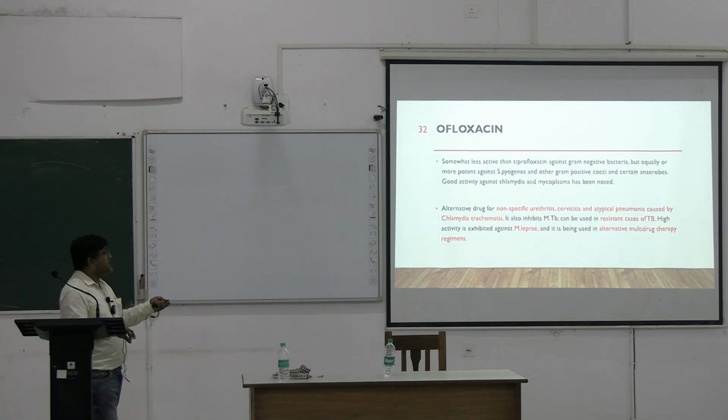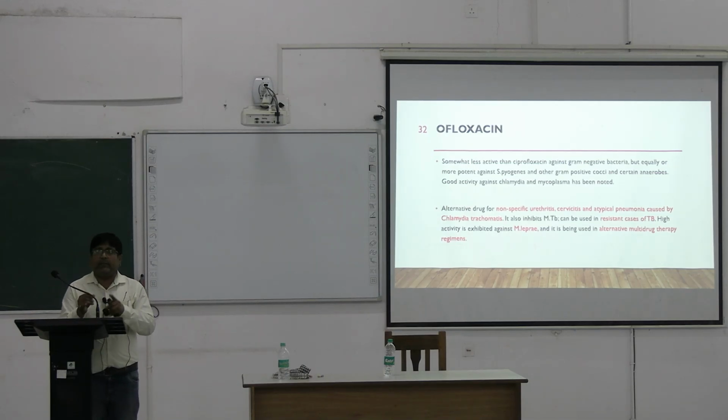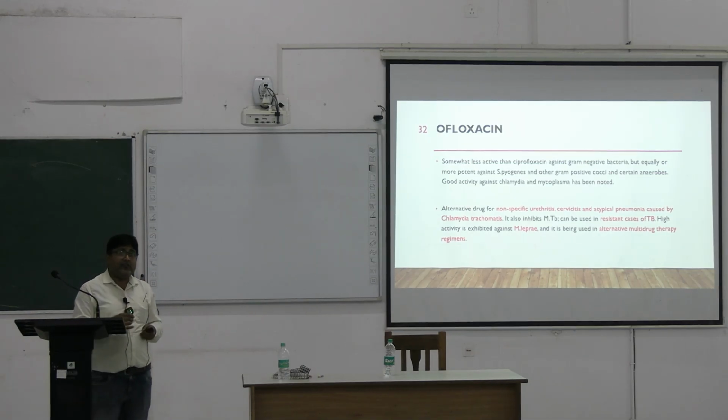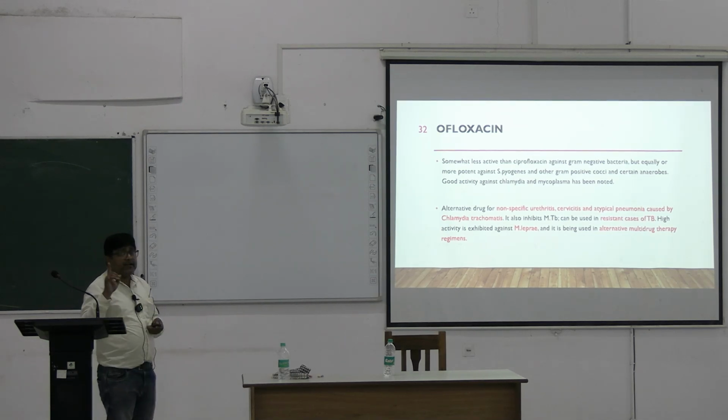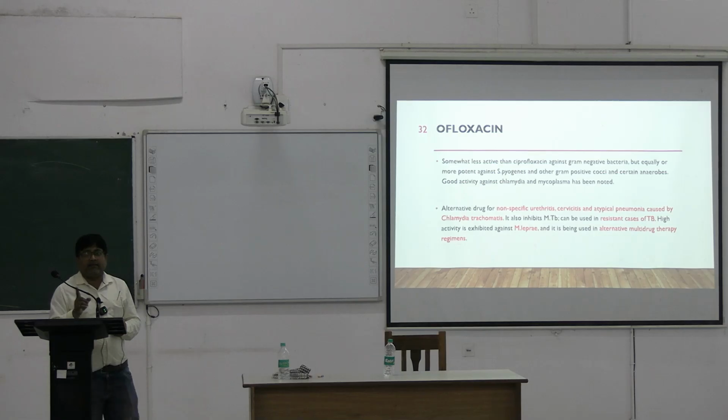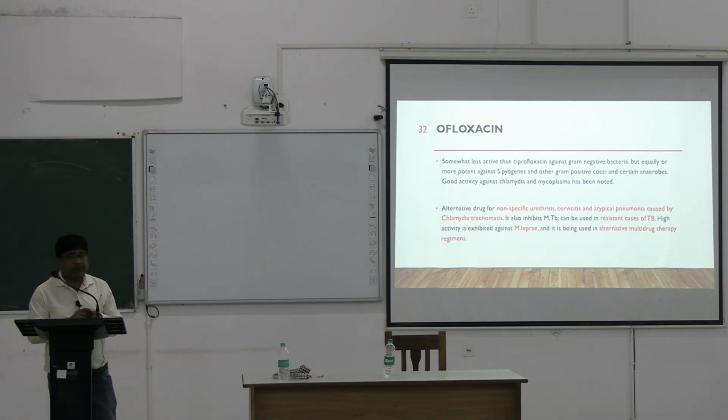Good activity against chlamydia and mycoplasma has been noted. So ofloxacin is also used in chlamydial cervicitis and urethritis, an alternative drug for non-specific urethritis, cervicitis, and atypical pneumonia caused by Chlamydia trachomatis. It also inhibits Mycobacterium tuberculosis, so the drug is used in the treatment of multi-drug resistant tuberculosis.